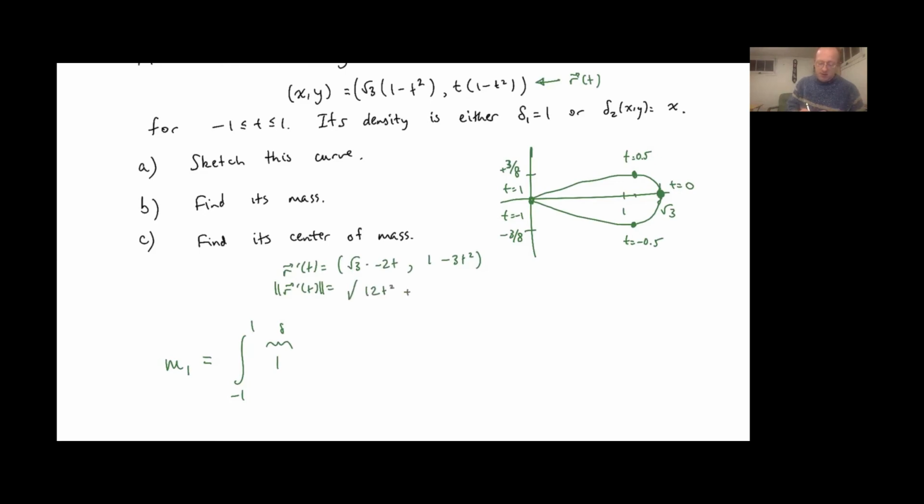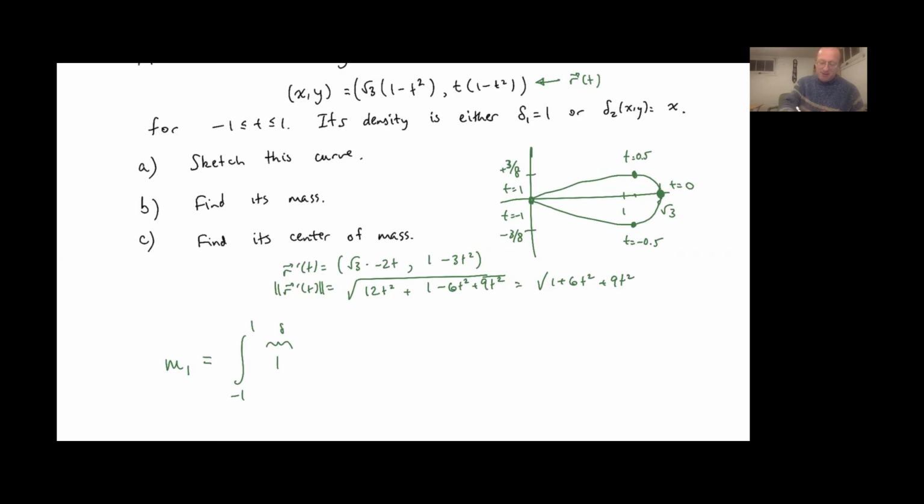And when we square this component, we get 1 minus 6t squared plus 9t to the fourth. We can combine the t squared terms: 1 plus 6t squared plus 9t to the fourth. I wrote 9t squared. I meant 9t to the fourth.